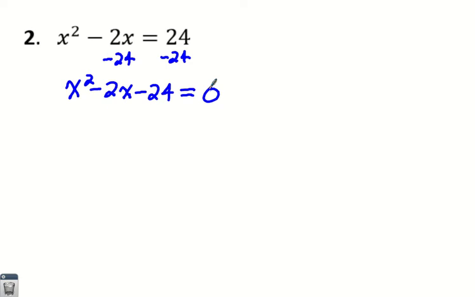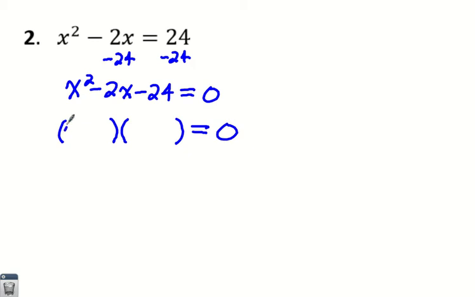So the next question is, can I factor x squared minus 2x minus 24? So good thing about this topic is we get to review basically factoring also at the same time. So factoring, how do we factor? There's no GCF, but I'm pretty sure this is going to be able to be unfoiled.